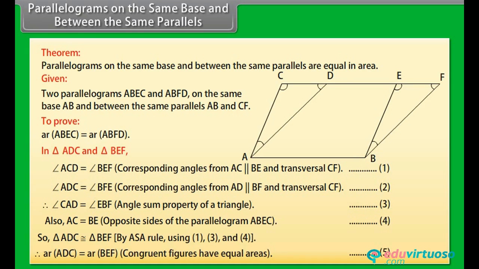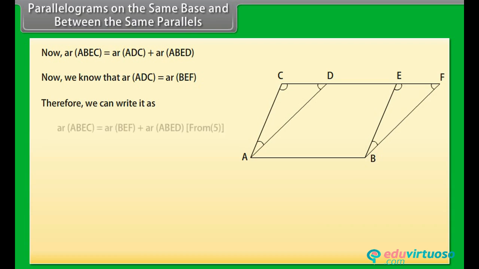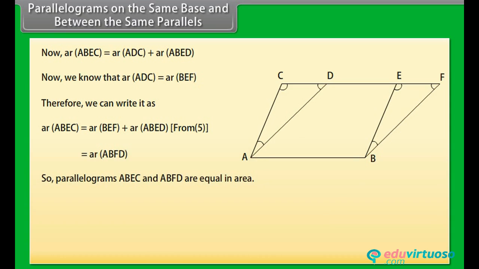Mark it as 5. Now, area of ABEC is equal to area ADC plus area ABED. Now we know that area of ADC is equal to area of BEF. Therefore, we can write it as area ABEC is equal to area BEF plus area ABED from 5, which is equal to area ABFD. So, parallelograms ABEC and ABFD are equal in area.